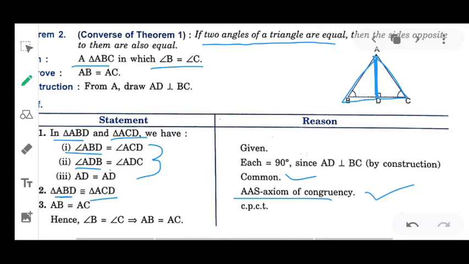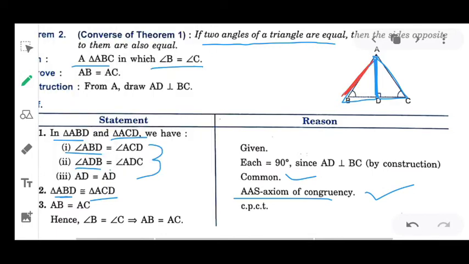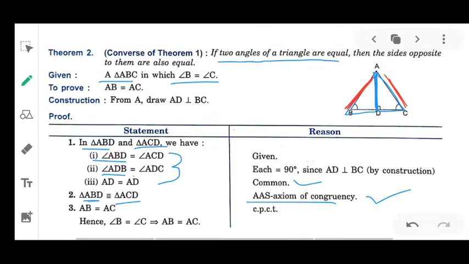Clear? Now if these two triangles are congruent, then we can say side AB equals its corresponding side AC by CPCT. So you can say the sides opposite to equal angles are equal.